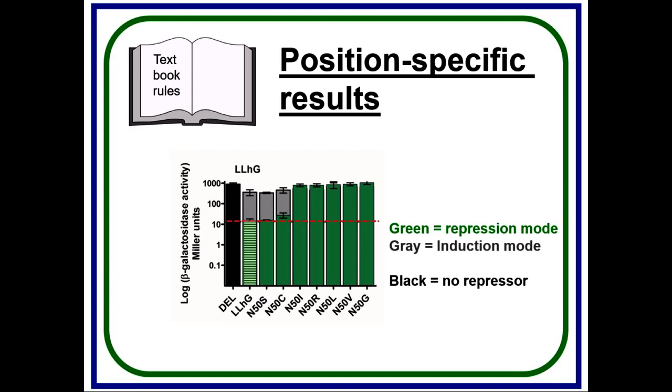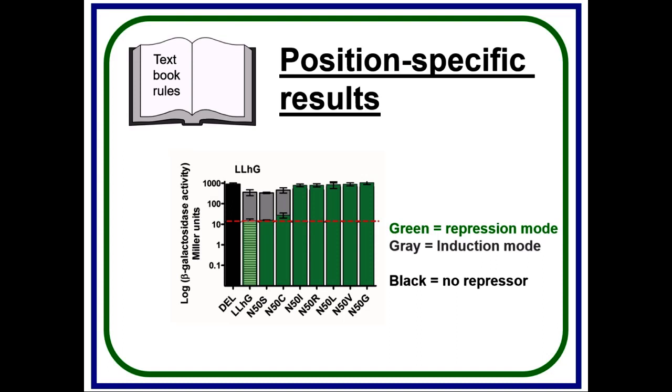Here are 2 substitutions at position 50 that are about like wild type, and then all the rest of the substitutions at position 50 kill the ability of the protein to repress. So they're like the control with no repression present.